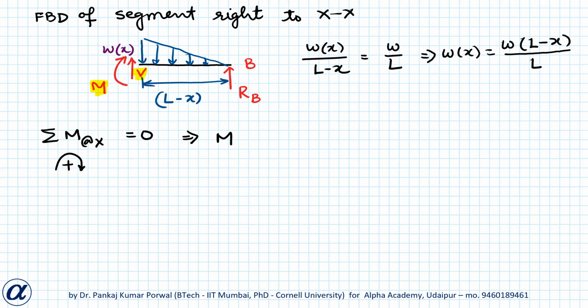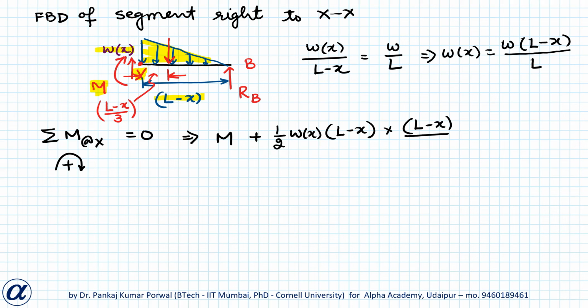M, the resultant force because of the triangular load, will be half height into base and its point of application will be 1/3 from the right angle corner of the triangle. So this will be the resultant force and this distance will be (L minus X) by 3 and the moment because of this will be clockwise. So plus half Wx into (L minus X), that is force, into lever arm, that is (L minus X) by 3.